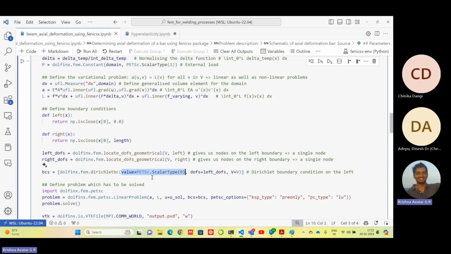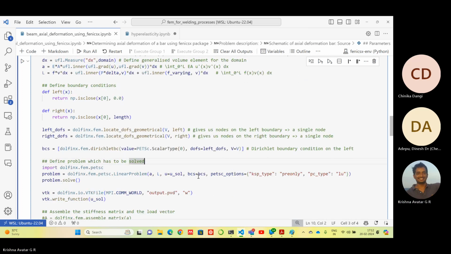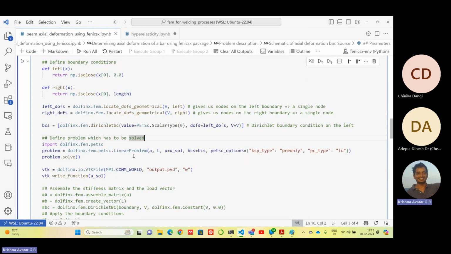The value is PETSc.ScalarType(0), then for which degrees of freedom: the left degrees of freedom, and in which function space, V. Okay, so once this is done, now we are ready to solve our problem. For that, we need to import dolfinx.fem.petsc.